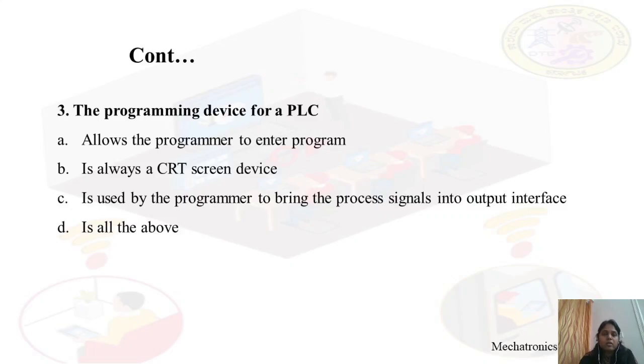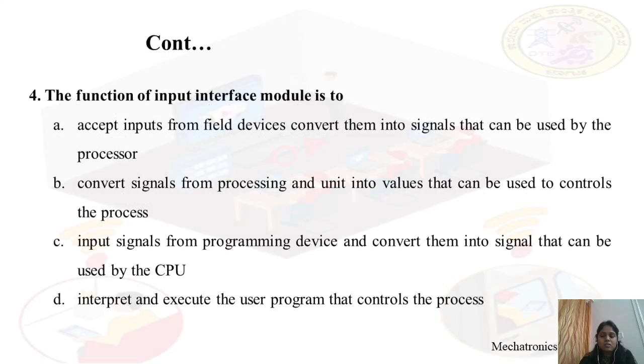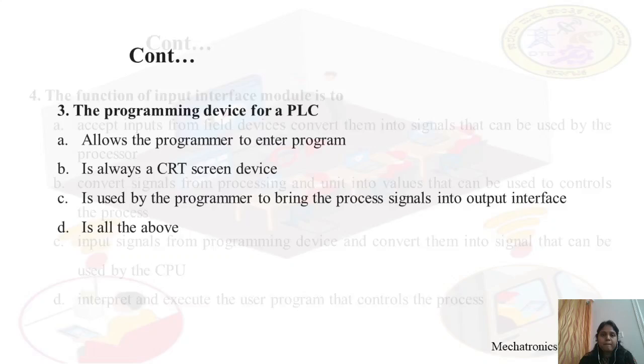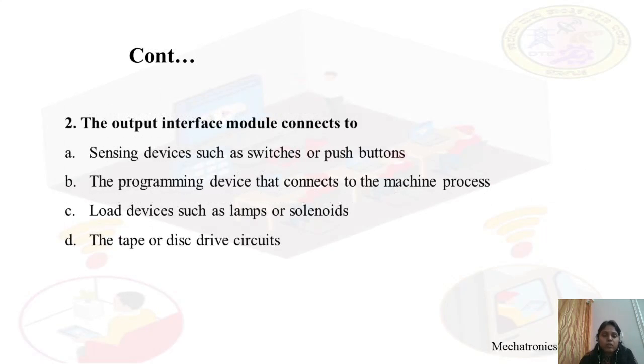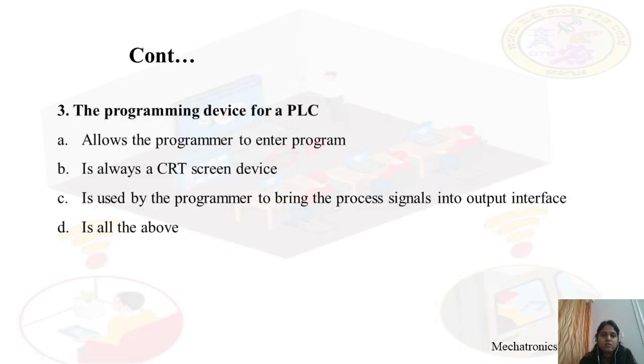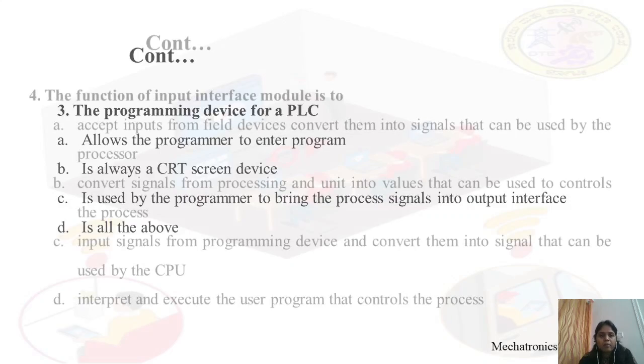Next, the programming device for PLC. The output interface module connects to load devices such as lamps or solenoids. The programming device for PLC allows the programmer to enter the program.